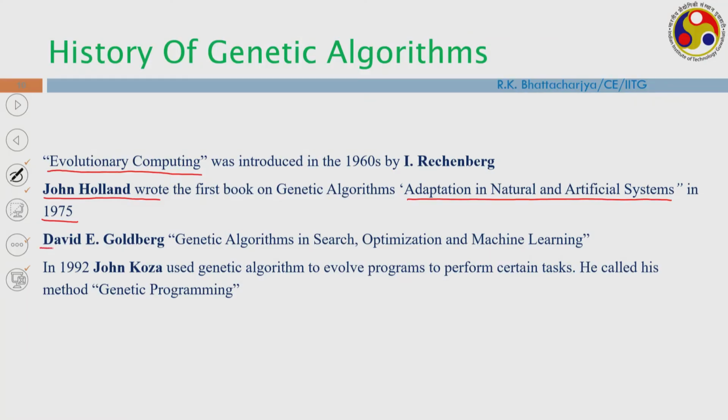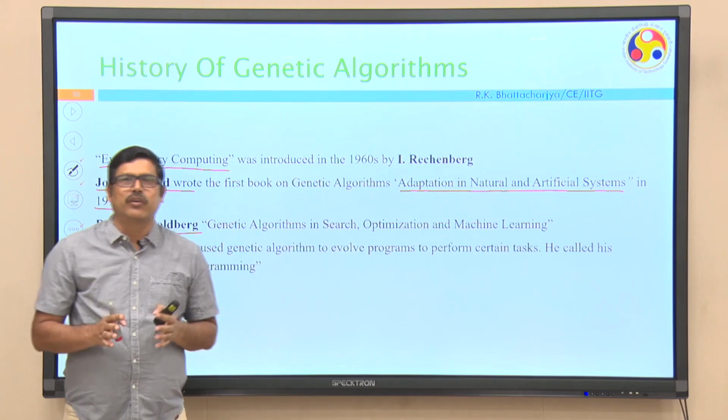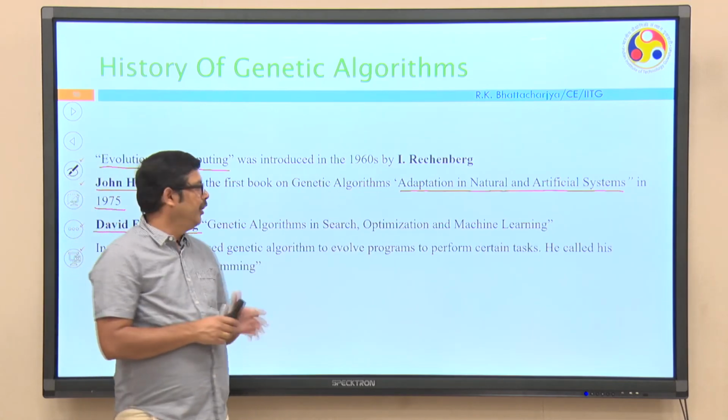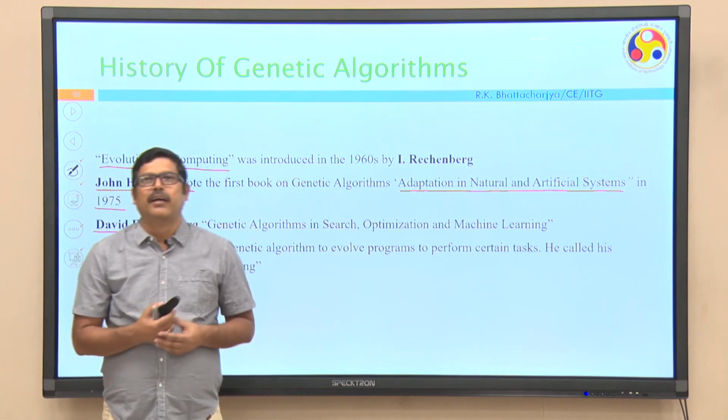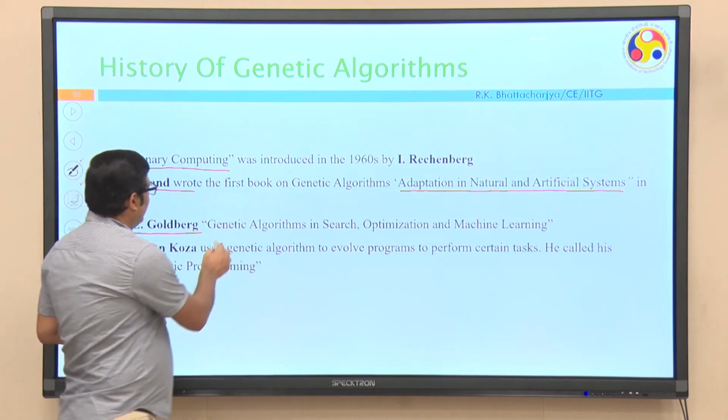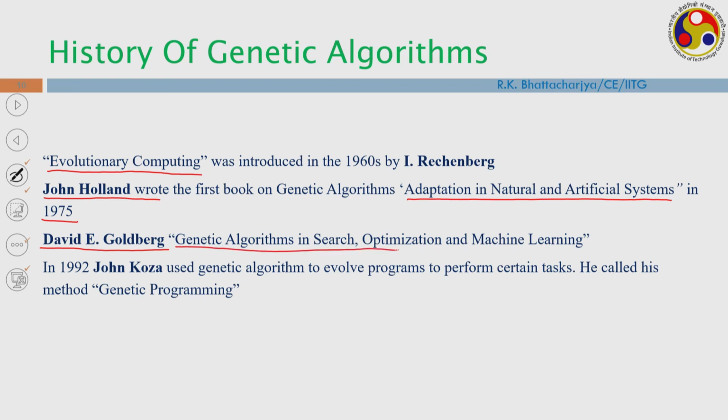Then David Goldberg, a PhD student of Professor Holland, did a lot of work on genetic algorithm, and he eventually wrote a book in 1989. The name of the book is Genetic Algorithms in Search, Optimization and Machine Learning. Okay.